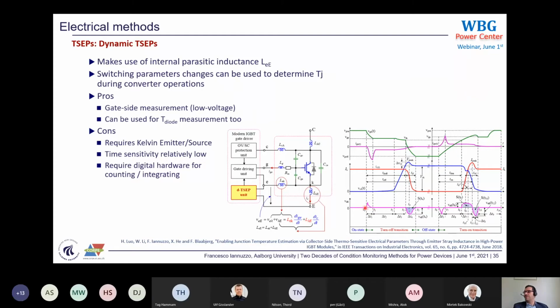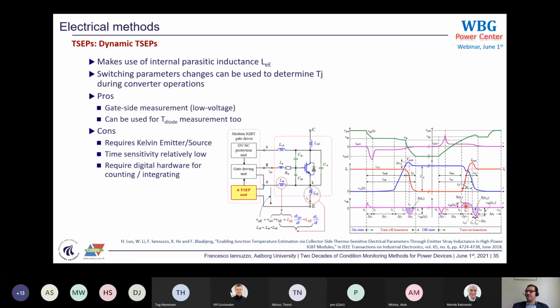So look at this picture, which is showing you what the voltage drop is across this Kelvin to power emitter. So this pink waveform on the bottom here is the one related to the voltage drop here. And you can easily recognize that this peak here is related to the stray inductance on the auxiliary emitter. This one is related to the stray inductance on the bond wires, again auxiliary emitter, again bond wires.